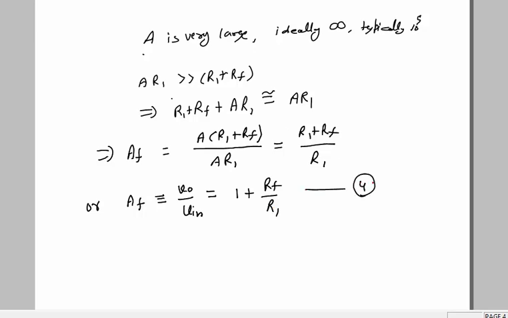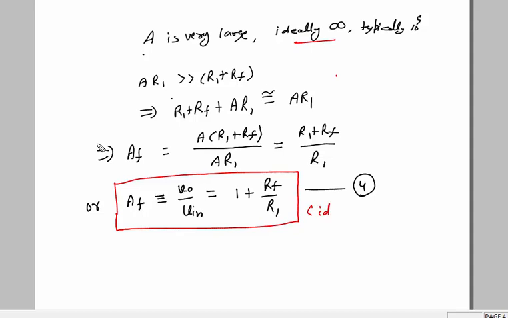Okay, this is also a very important result. This gives the gain with feedback. But here we have taken the ideal condition, where A is ideally infinite. So this is the ideal equation. The previous equation number 3 was exact, but this is ideal.